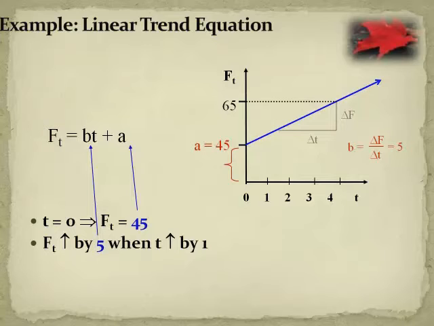So if I wanted to know what the forecast would be at some future time period, all I would need to do, if I know what A is and I know what B is, is insert the value for t for whatever future time period that I wanted. So if I want to know what the forecast was for time period 5, I would insert the value 5 for t, and I know that A is 45 and B is 5, and I could calculate what the forecast would be.